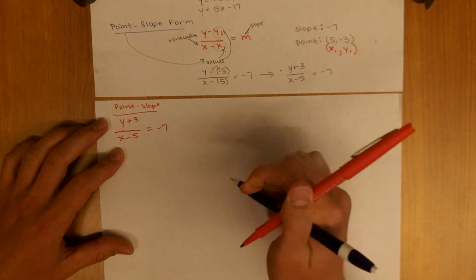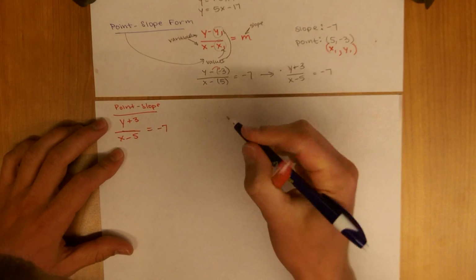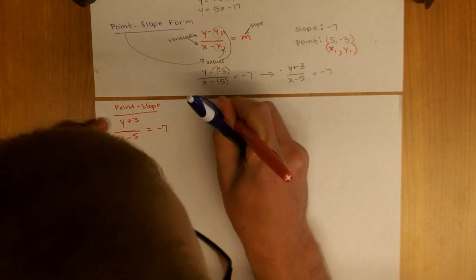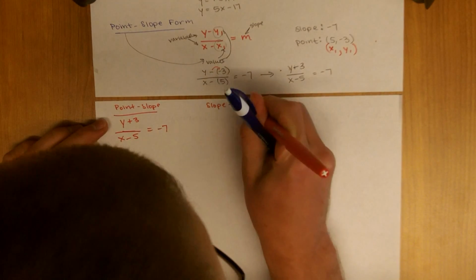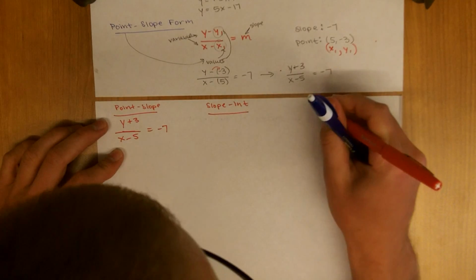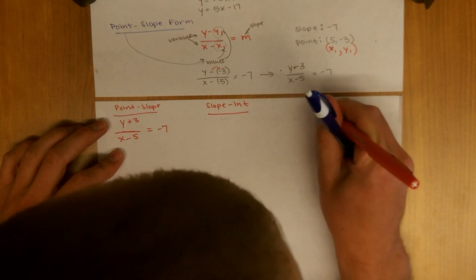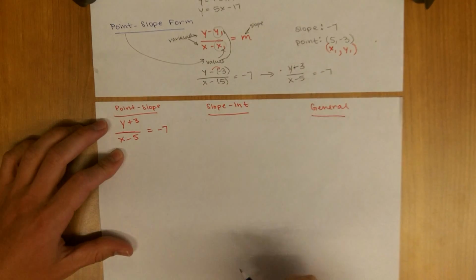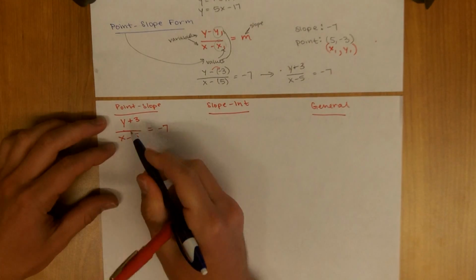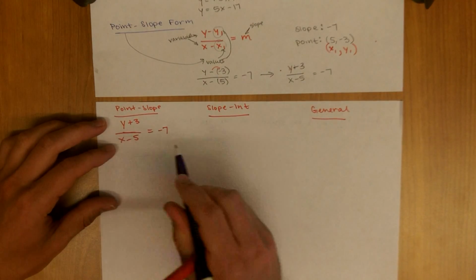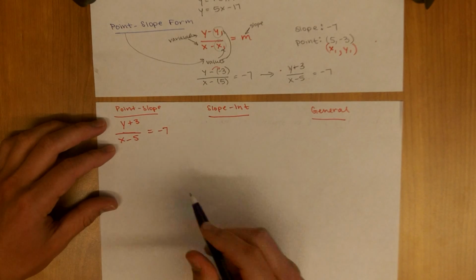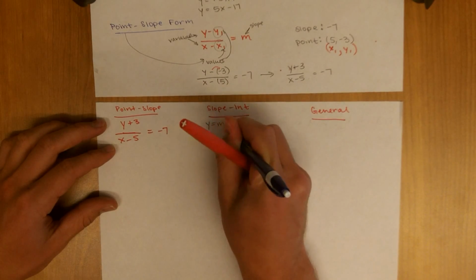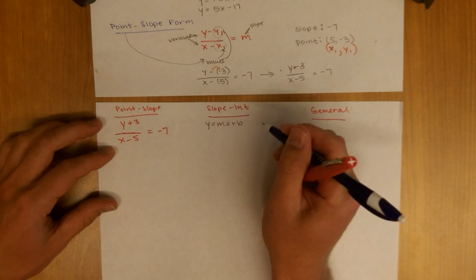And we want to go to, how about I write slope-intercept right here, and then let's also convert it to general form in the end too. Alright, so if we want to convert from point-slope to slope-intercept, we have to write it in this fashion where it looks like y equals mx plus b.